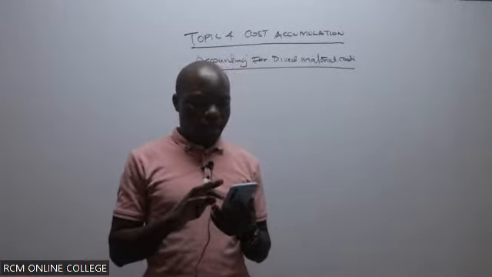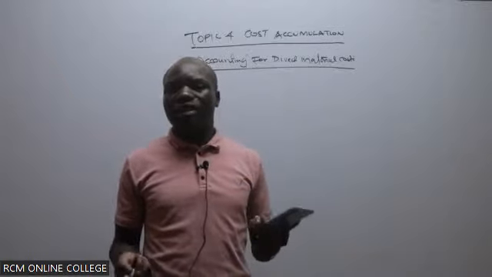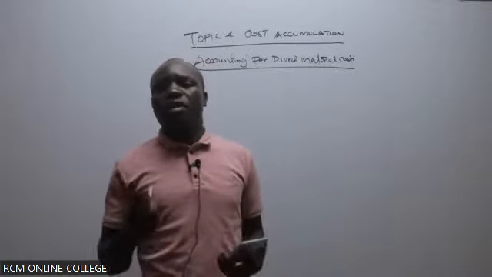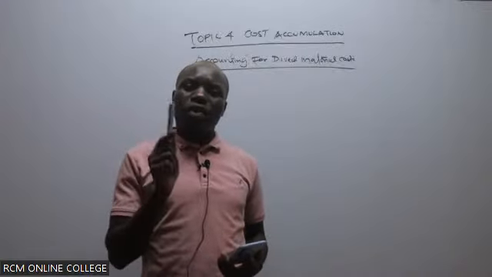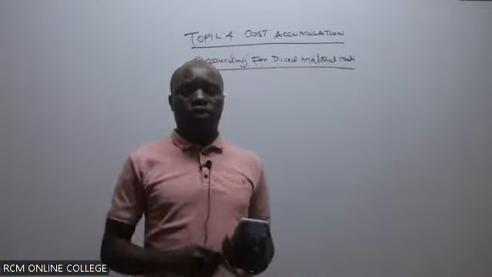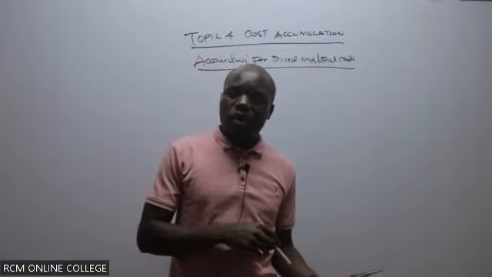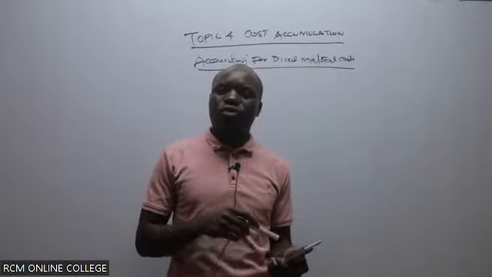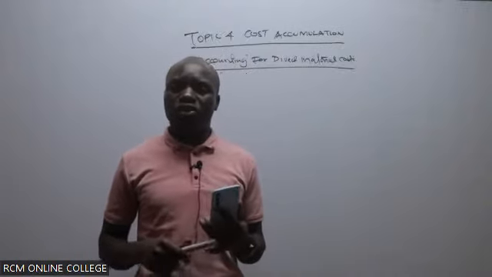Then we have favorable terms of purchase. Normally you purchase 100,000 units, but there's a supplier who has said if you buy more than 100,000 units, you're going to get a quantity discount. So will you go for the quantity discount? Some of the factors to consider: are you really able to use these materials within a short time?